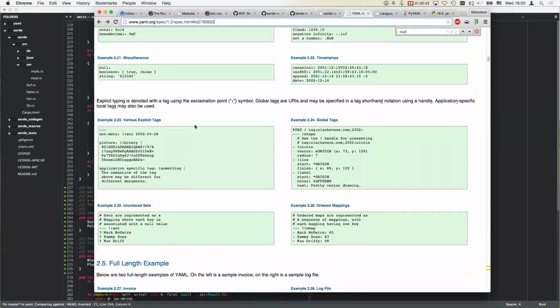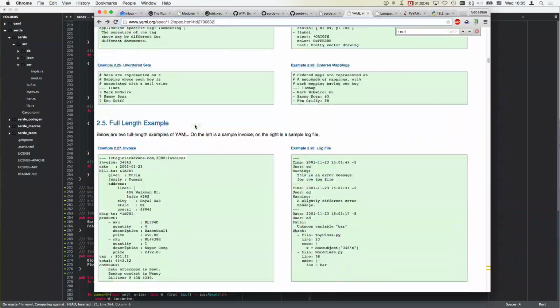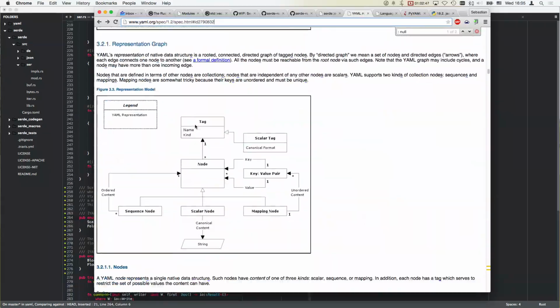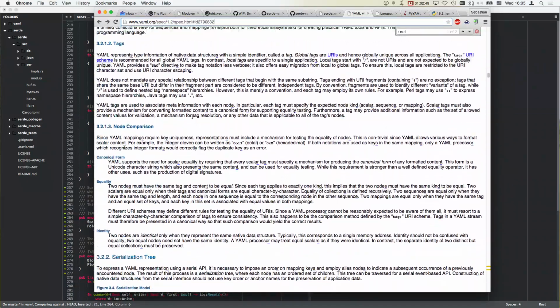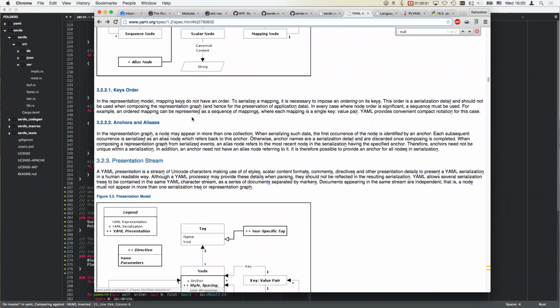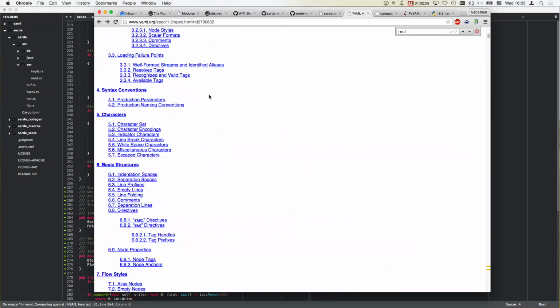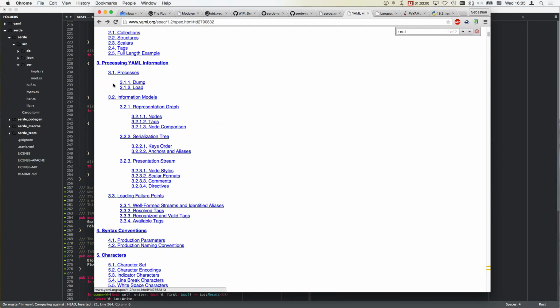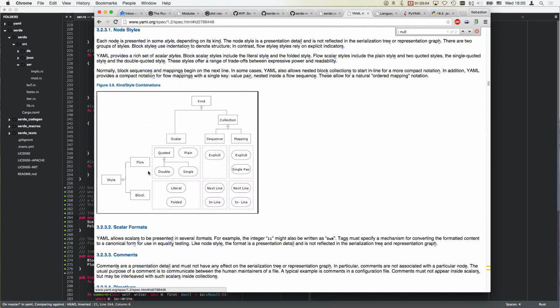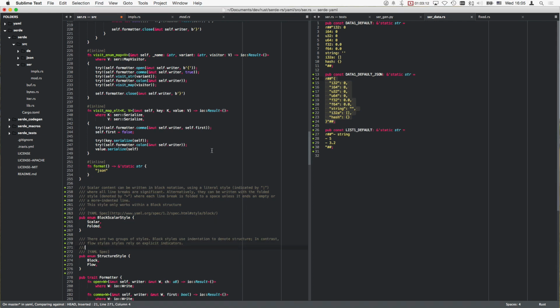That's sad. I don't even know where I was anymore. There must be a way to link there. Tags, come on, come on. Here, I think. Here it was. Node styles. 3, 2, 3, 1. So there is this link. Sad that there is no anchor here. Well, that's good enough.